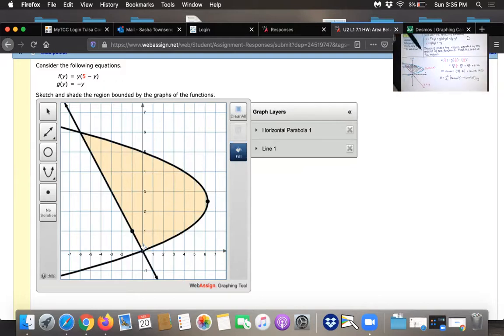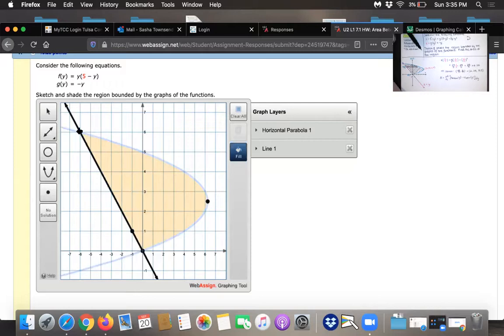Now we know that this point x equals 0, y equals 0 is on both the line and the parabola, so we're going to start there. And then we keep going through this region until we get to y equals 6. At y equals 6, x is going to be equal to -6.